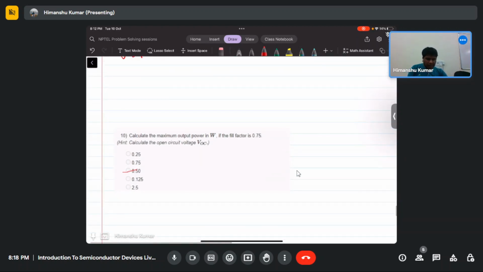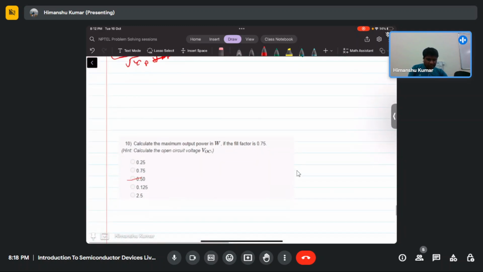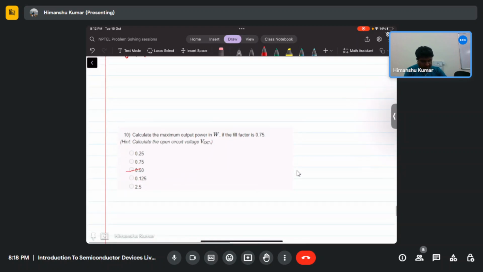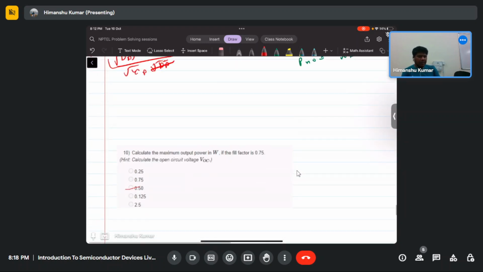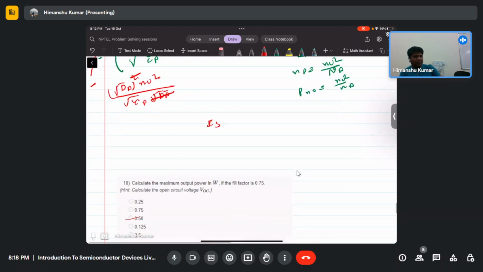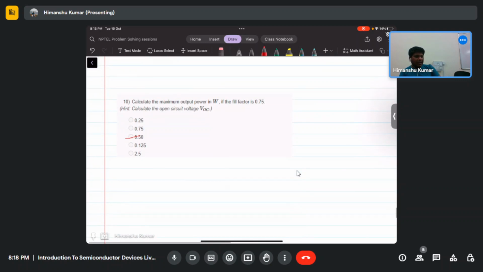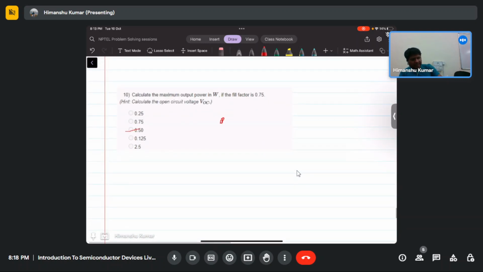So now calculate the maximum output power. Once you calculate I_S, if you put it in the open circuit equation, then I_L equals I_S times exponential of V_OC by kT minus 1, right?